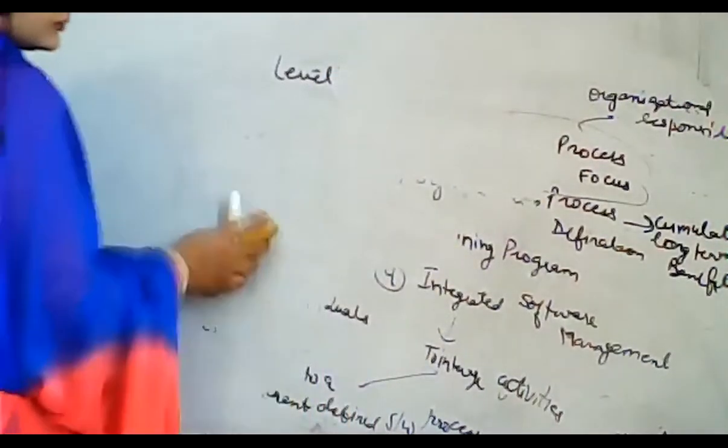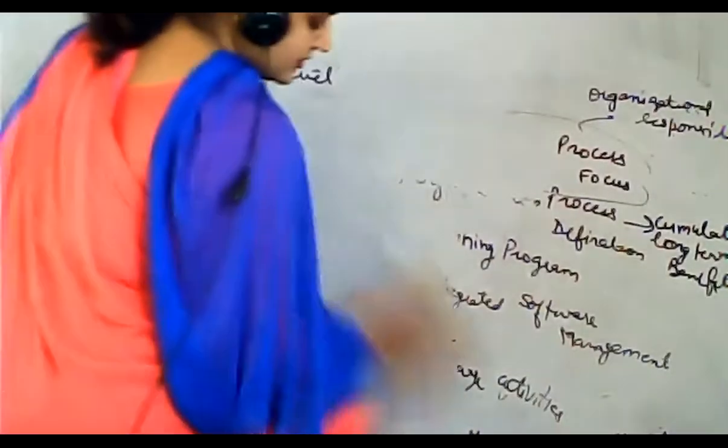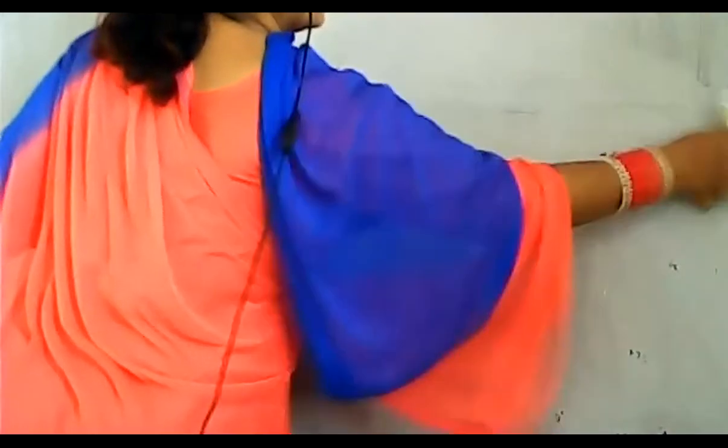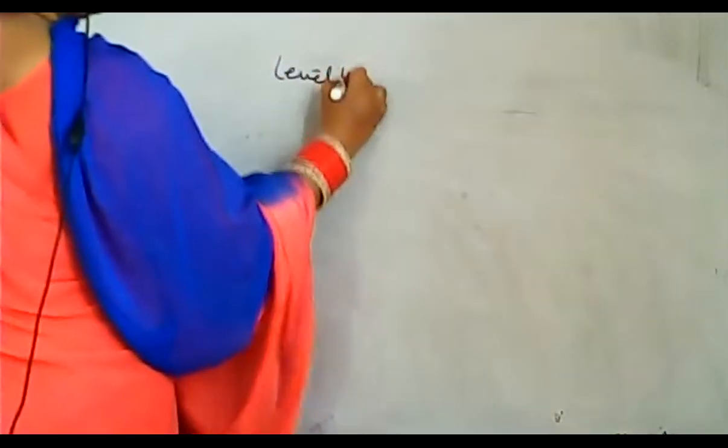Can you tell which level it was? Level 4, that is the managed level. So these are the key process areas at level 4, the managed level.